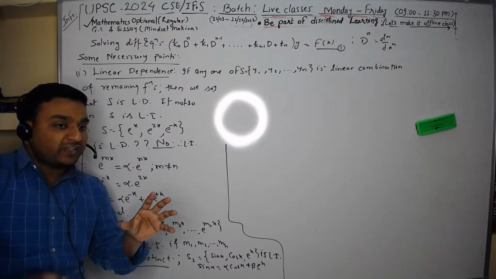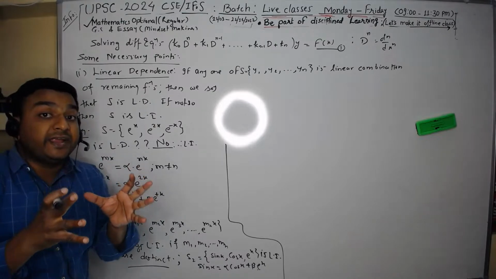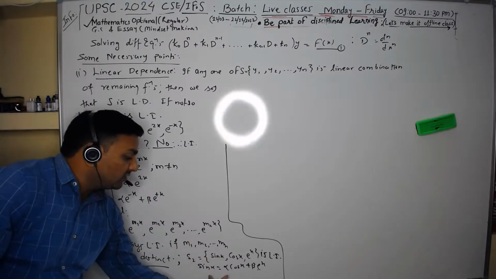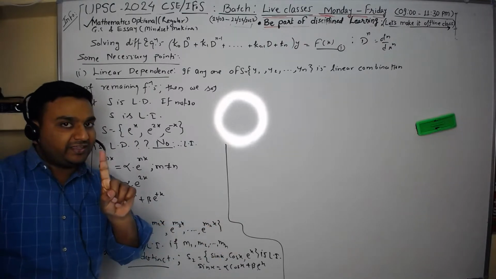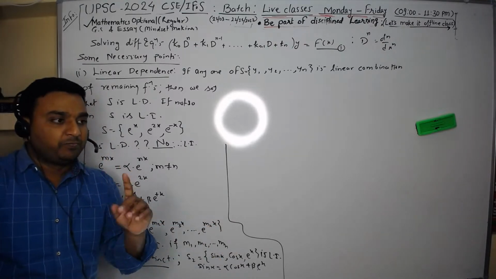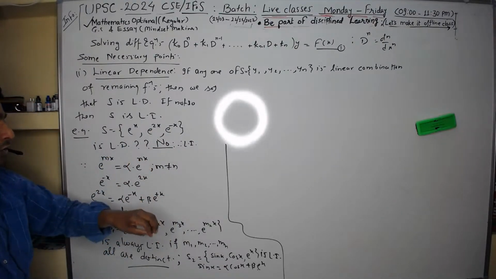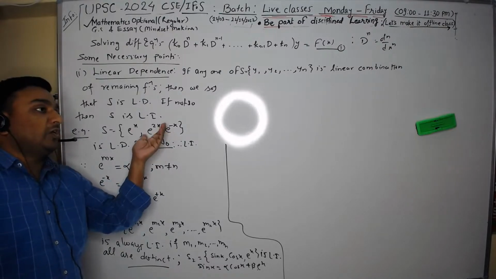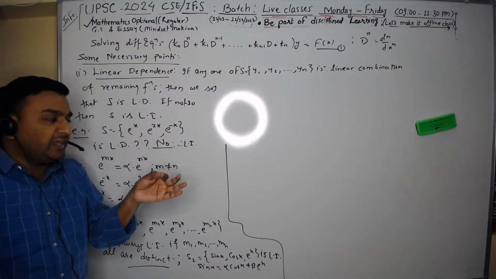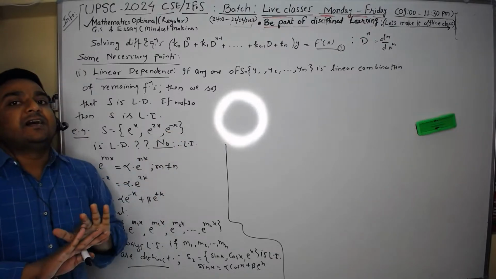Sin x, cos x with exponential mx will be a linearly independent set because a linear combination of one in the form of the other is not possible. So linear dependence means that if any one element can be written as a linear combination of the others, then you say these elements are linearly dependent, otherwise independent.